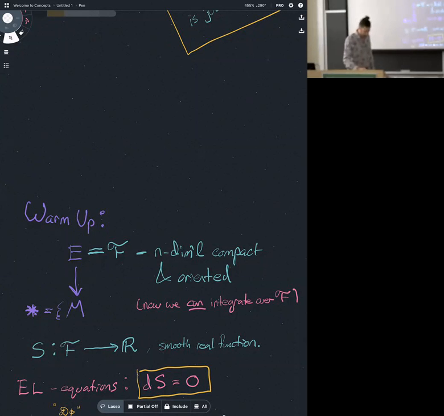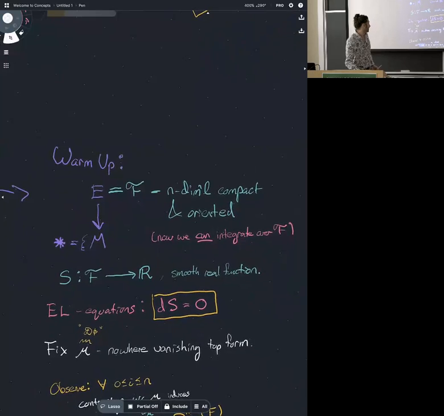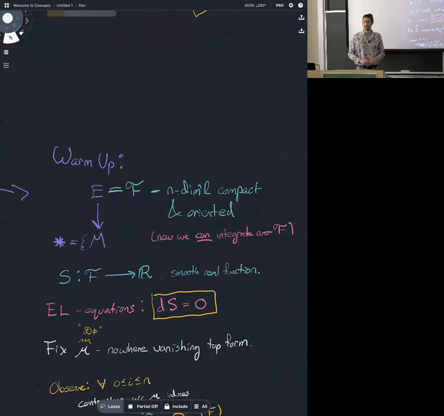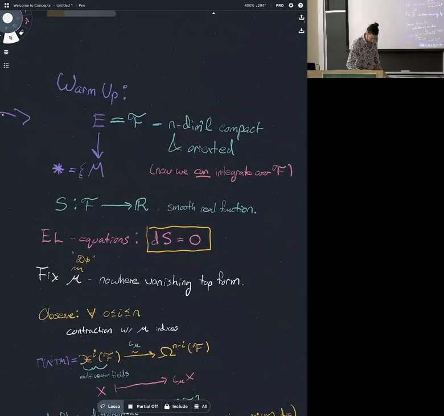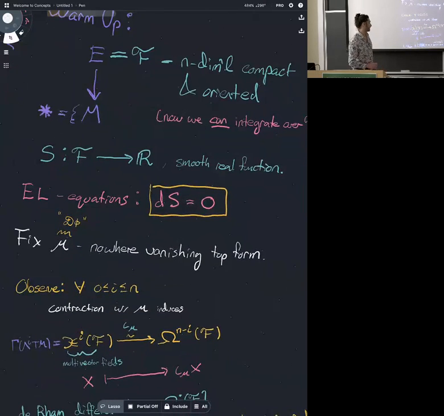So we need something to play the role of the measure on the fields. Let's just fix a nowhere vanishing top form. If I have a nowhere vanishing top form, I can use contraction with it, and it gives me an isomorphism between multi-vector fields, say of degree i, and (n-i)-forms just by contracting.